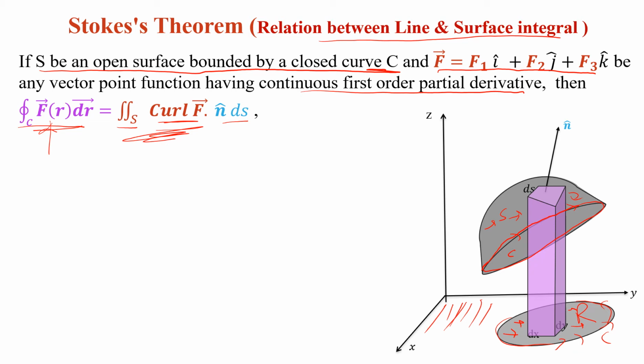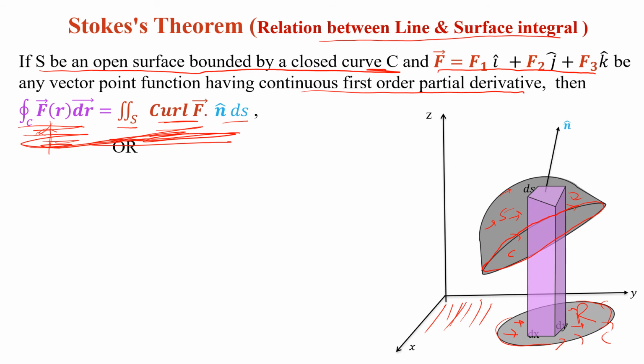Why are we taking the curl of f? Because the direction of the vector on the surface may change, or it can rotate, which is easily evaluated by taking the curl. So remember Stokes' theorem: it relates the line integral and the surface integral.